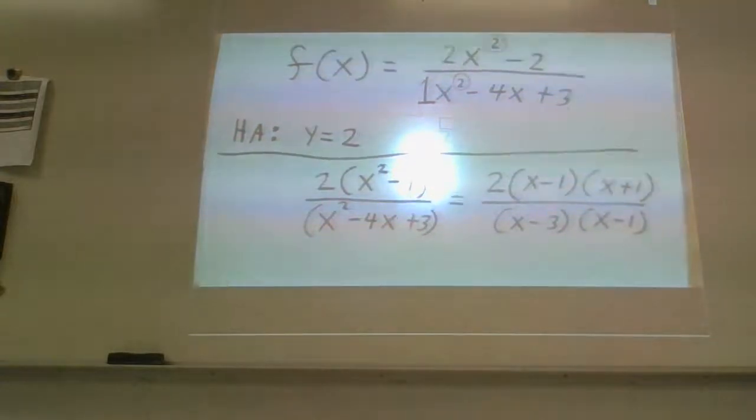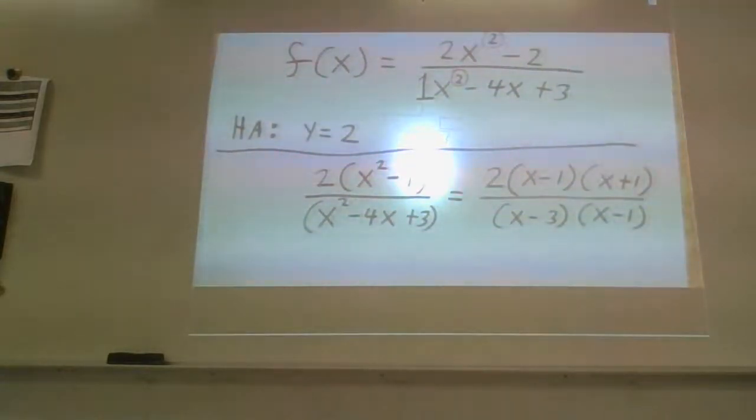I'm going to leave that there for a moment. Give people an opportunity to jot that information down. You can take out a GCF out of the numerator. You're left with 2 quadratics that are absolutely factorable, that can be factored into 2 binomial terms.